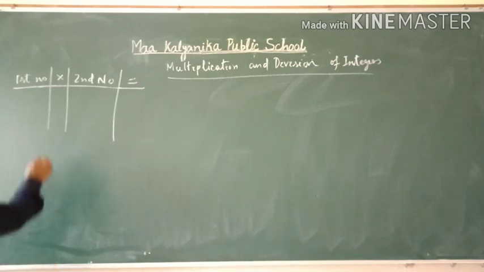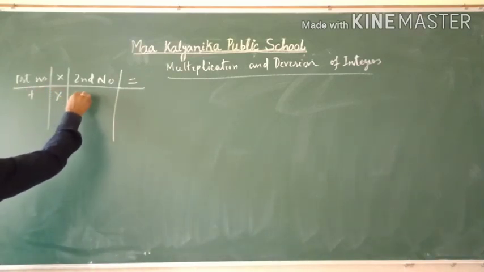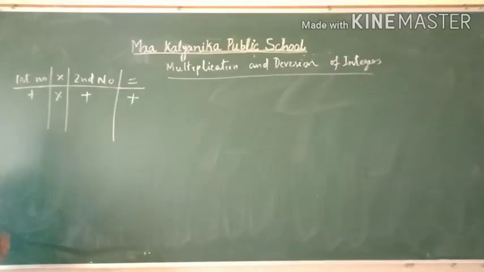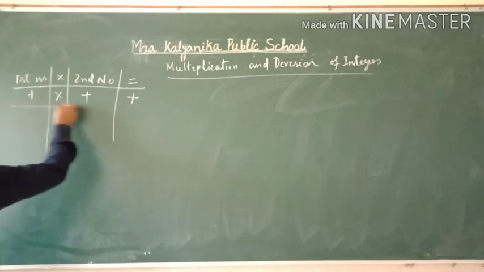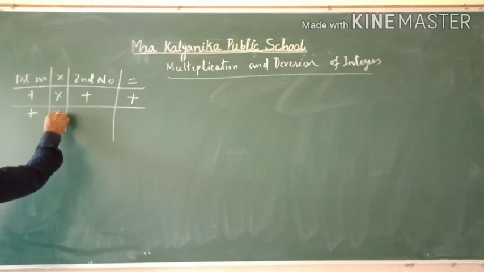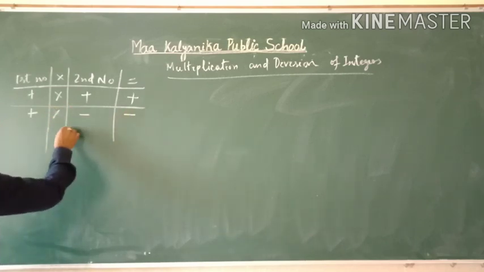So for the first number, suppose here plus, multiplied with plus, the result becomes plus. Now the second case: if the first number is plus and the second number is minus, the result will be minus.